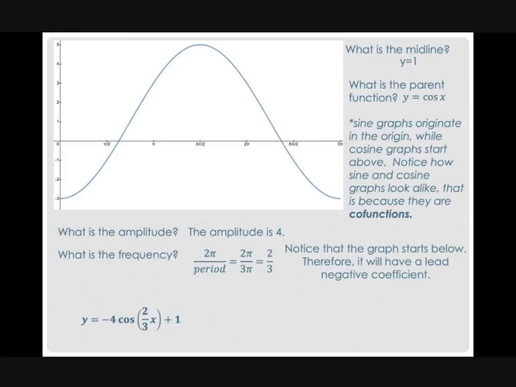Therefore, our answer here would be y is equal to negative 4 cosine 2/3 x plus 1. Or if you were to think about this in terms of sine, because cofunctions are just off by 90 degrees or by pi over 2, you could simply add pi over 2 here, and you would get the exact same function, both with respect to sine.